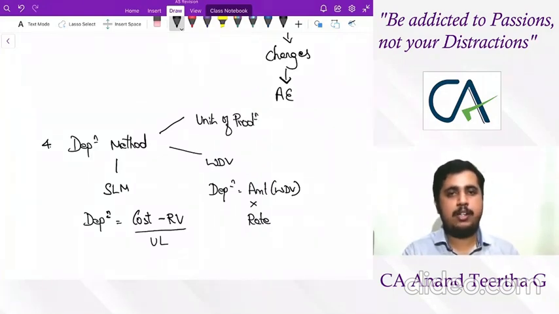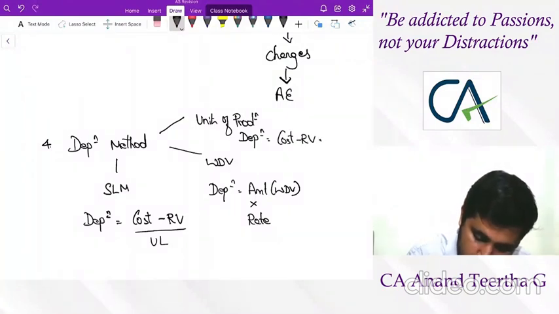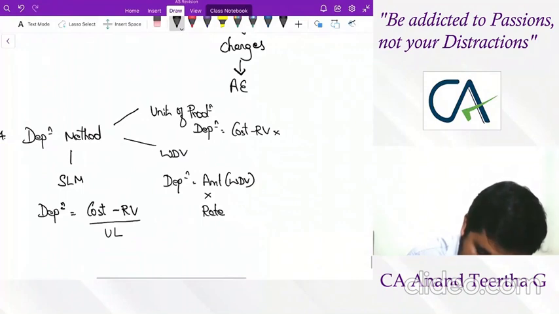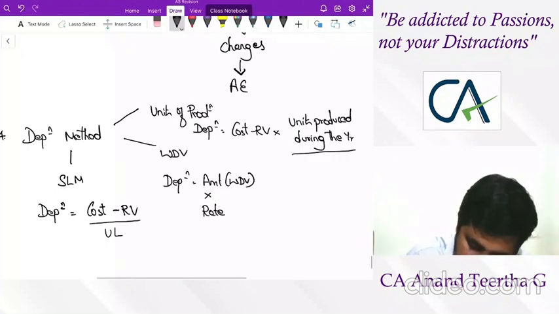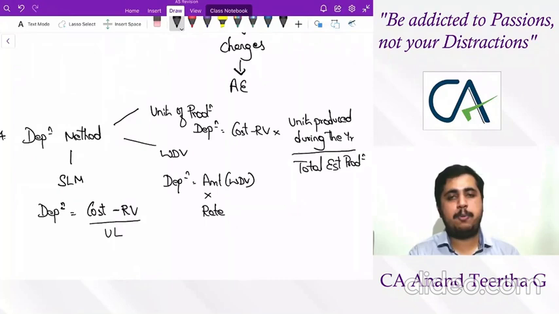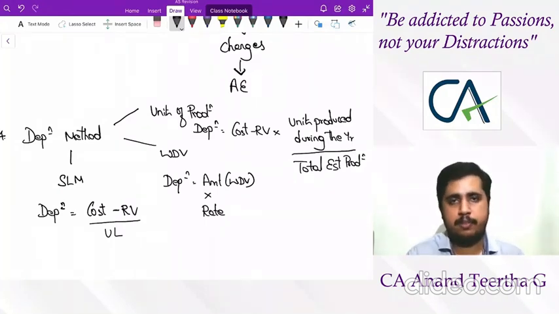In the units of production method, depreciation is equal to cost minus residual value into units produced during the year divided by total estimated production. So of the total estimated production, how many did you produce this year? That will be considered for depreciation purpose.